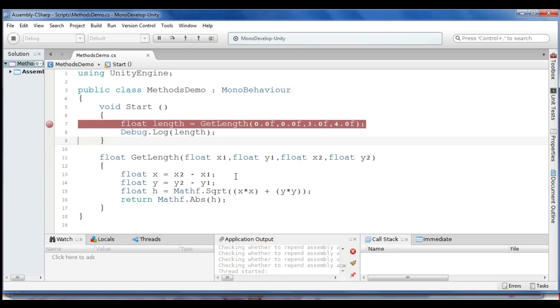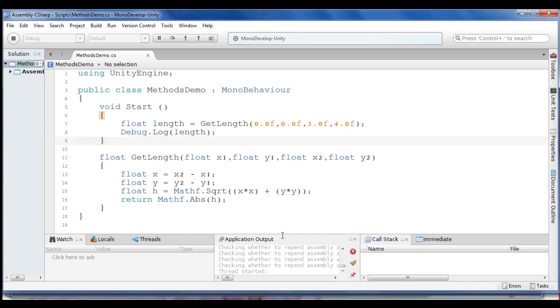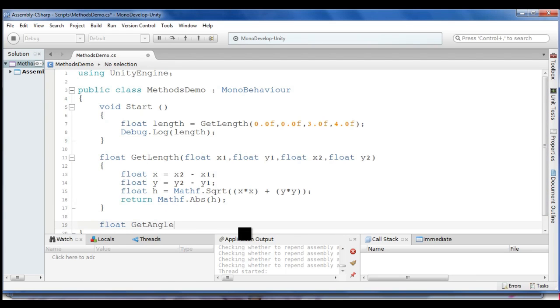This is how you are going to write your own code to do some mathematical operations which are very useful. Now let us find out the angle. How do we find out the angle? So we can say here float GetAngle function, and we can pass the same four values. There is no problem in that, because it will be better for us to use.